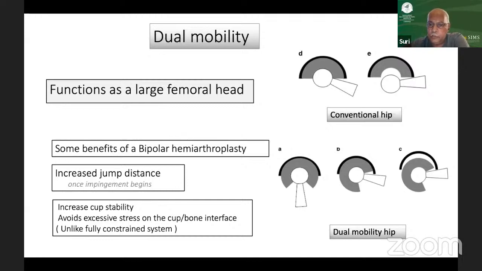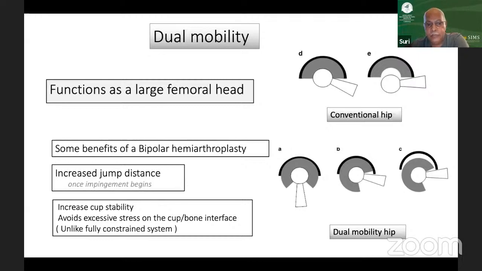However, in the dual mobility, the neck hits the poly, but then it continues on for some more range till it comes to the point where it is in contact with the metallic primary cup. So this increased jump distance helps you probably also to avoid any sort of jump out for a little longer range, preventing the tendency to dislocation subsequently.